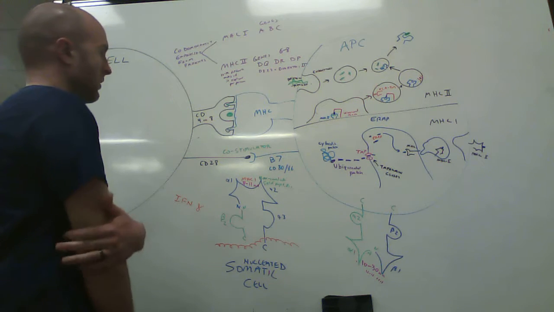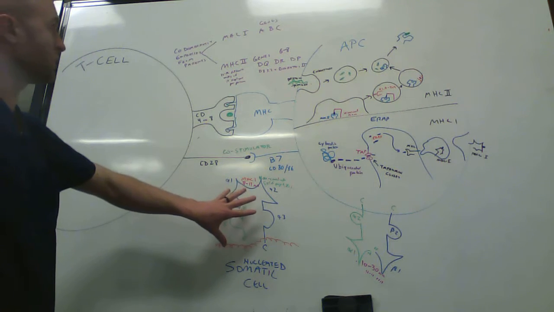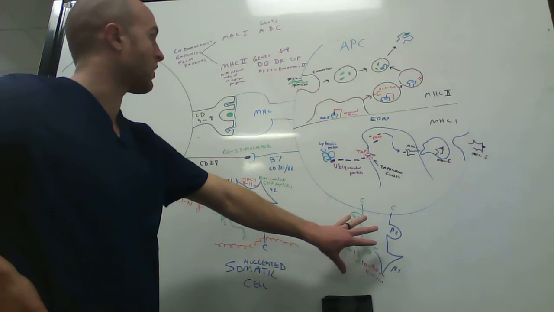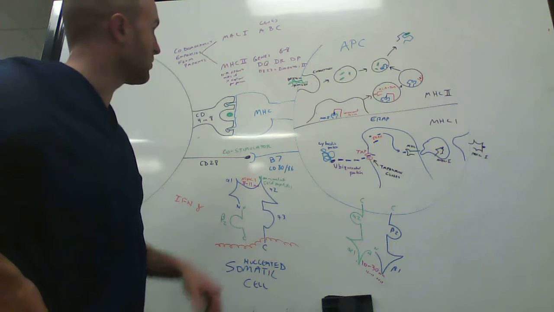There are the A, B, and C genes for MHC1, and there are the DQ, DR, and DP genes that code for MHC2.